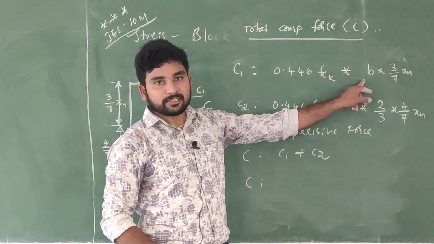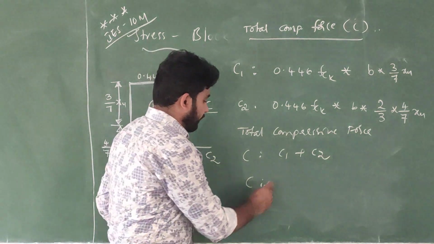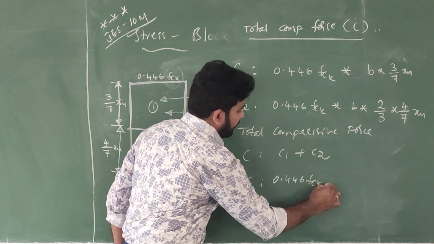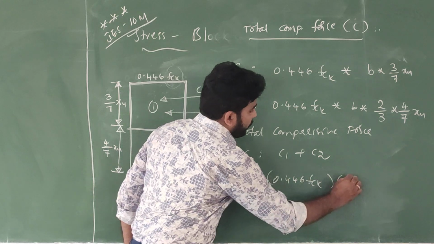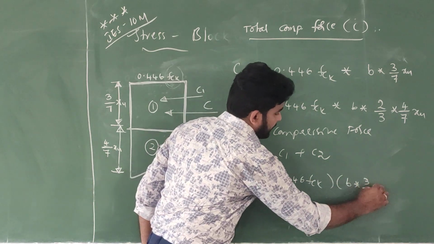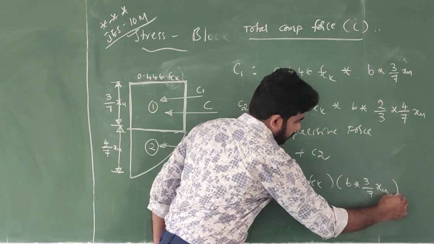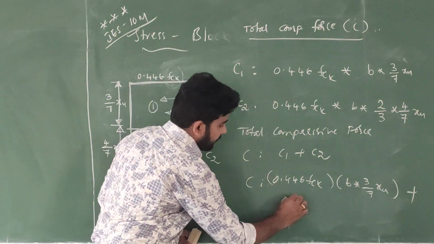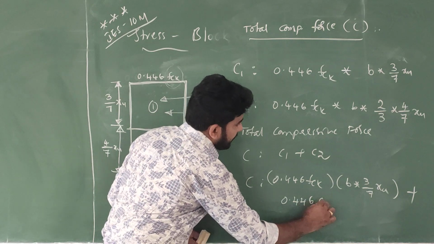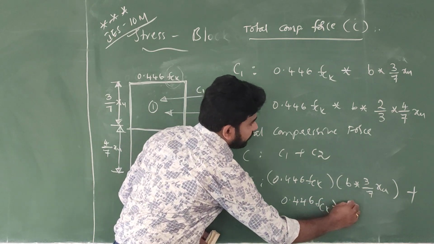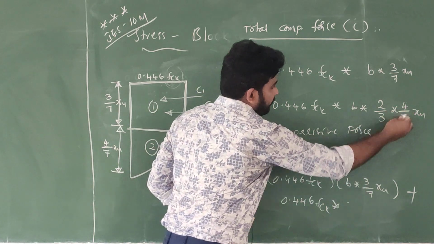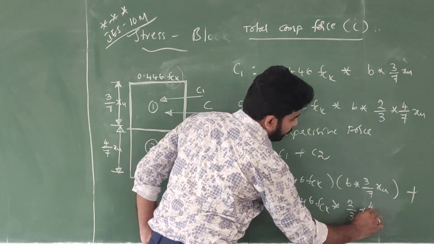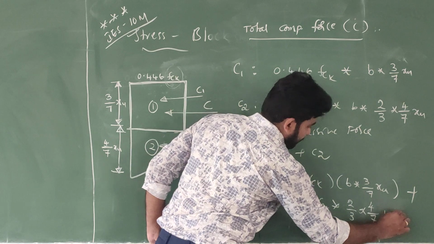Adding these two, we get 0.446 FCK into B into 3/7 XU plus C2, which is 0.446 FCK into 2/3 into 4/7 B XU.